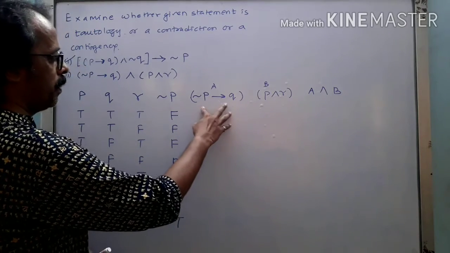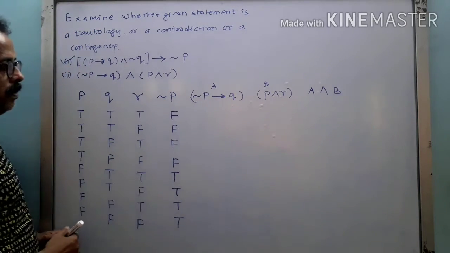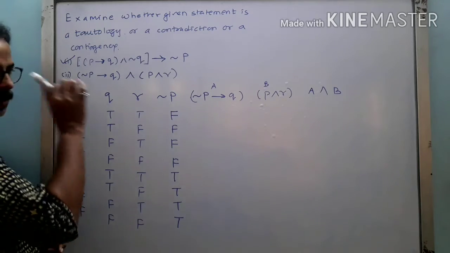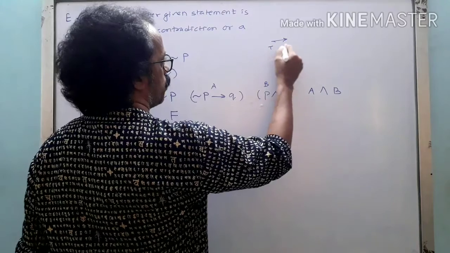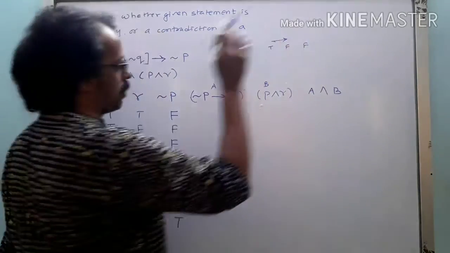Now negation P implies Q. What have we written for implies? If it is true implies false, it is false; otherwise all are true.